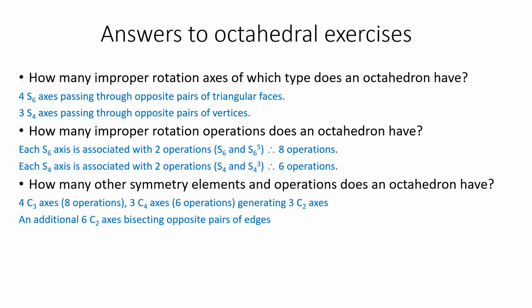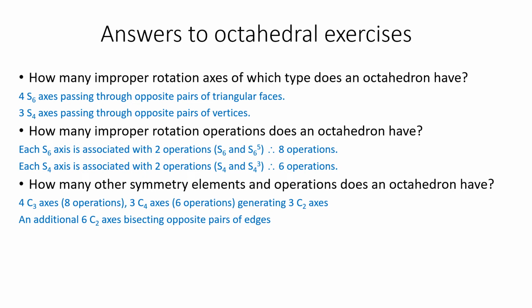But what's interesting is that we can find some other C2 axes here. All the C2 axes that we've been looking at so far have each been going through 2 opposite vertices. But we can also find C2 axes that don't go through any vertices at all.